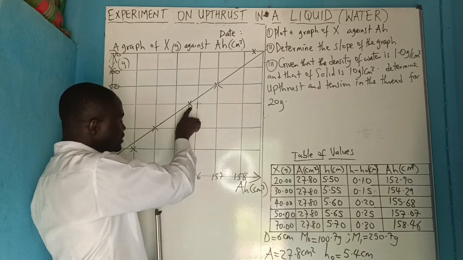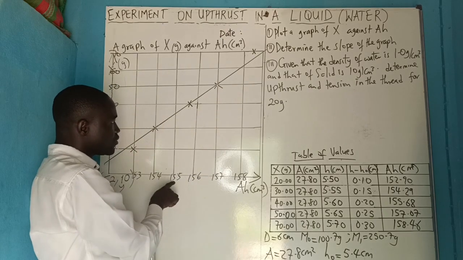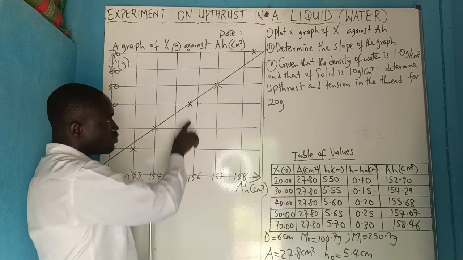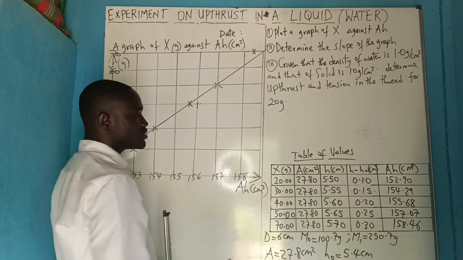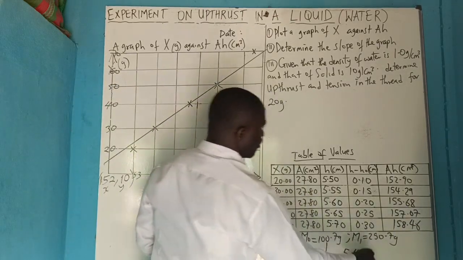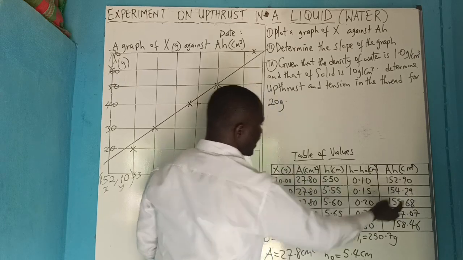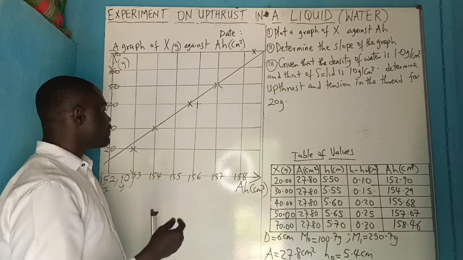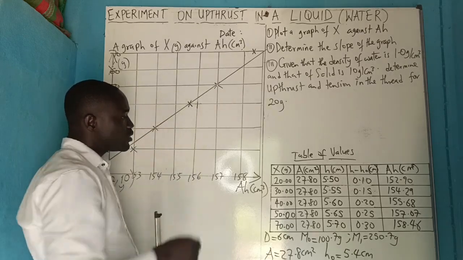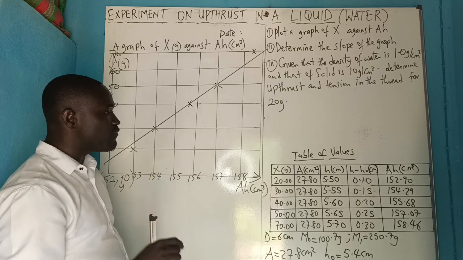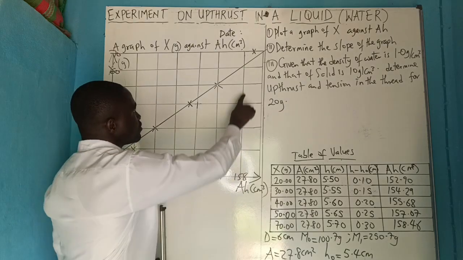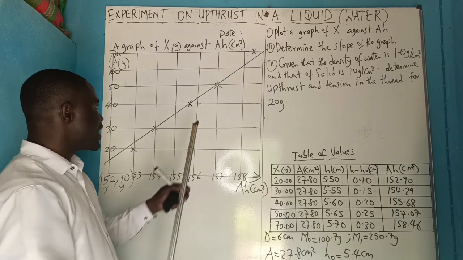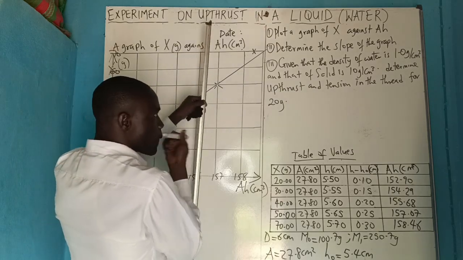We decided to put it here because half of 155 is 155.5. So we just put it here because these numbers are big enough, unlike those ones. Then 50 against 157, then 70 against 158.5. Then the next thing we have to do is get the slope.